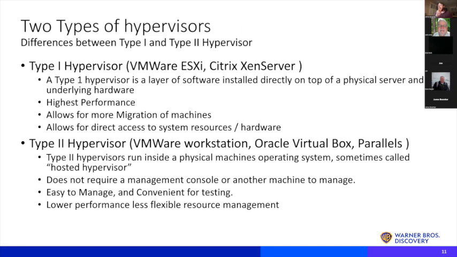Now, there's two different kinds of hypervisors. The one we use is a type 1 hypervisor, and ours is from VMware. It's called ESXi. Citrix XenServer would be a competitor to them. Type 1 hypervisor is installed directly to the server. It's your best performing out of the two. It also does migrations for you.